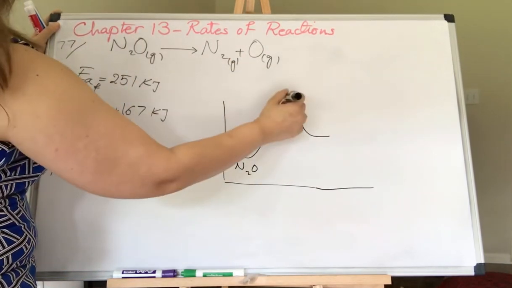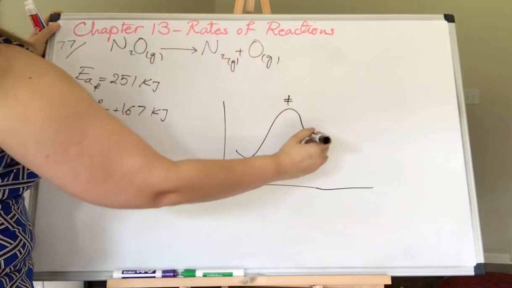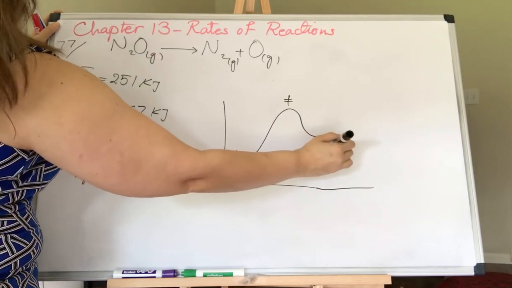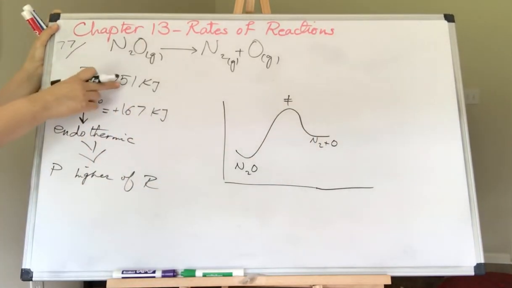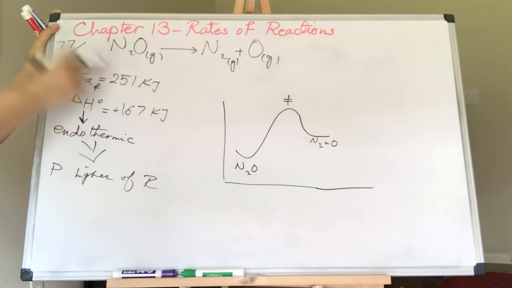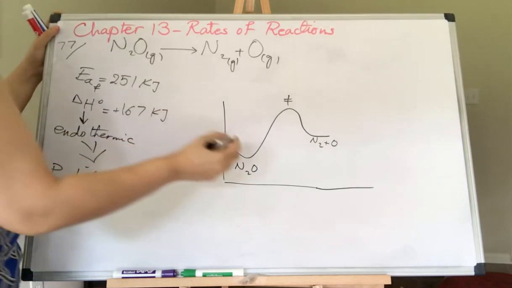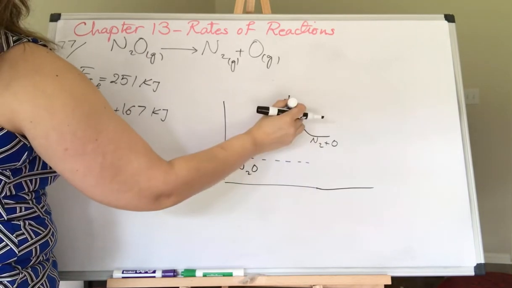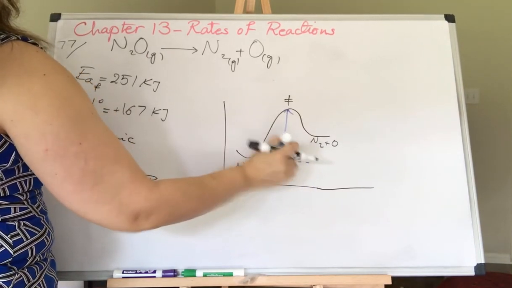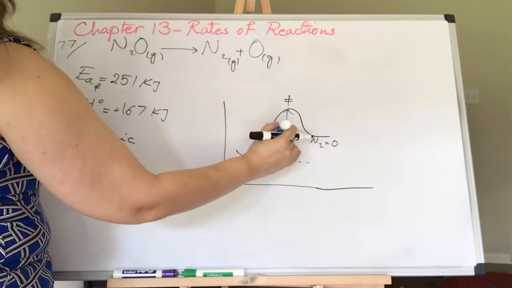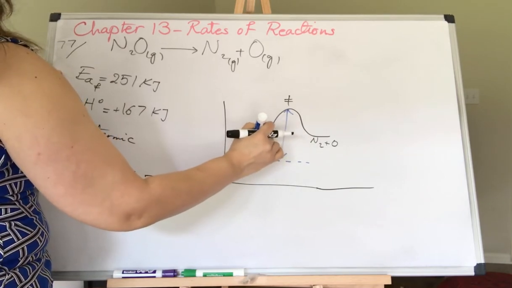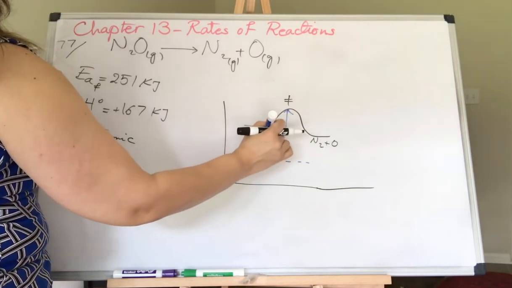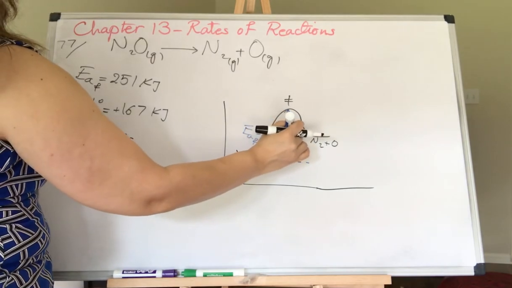N2O, activated complex, we don't know what it is, and the products. Activation energy is given as 251 kilojoules. Activation energy is the distance between reactants and activated complex. So activation energy for the forward reaction is 251 kilojoules.